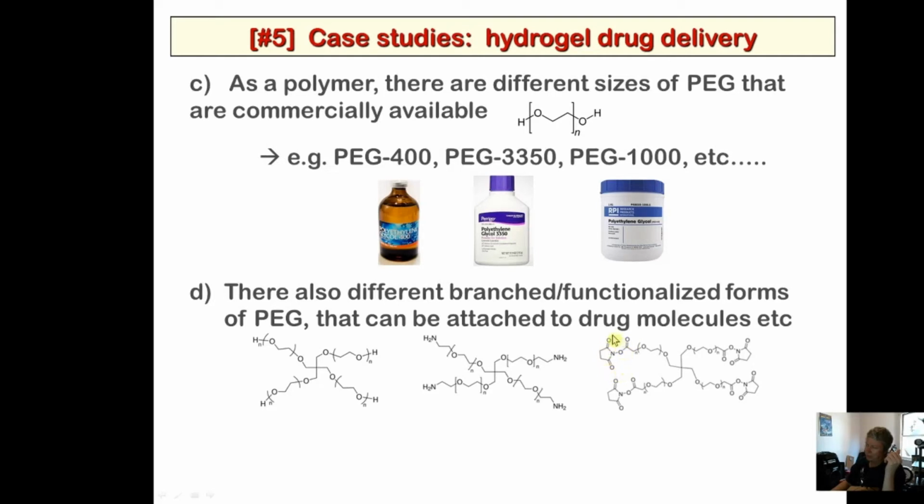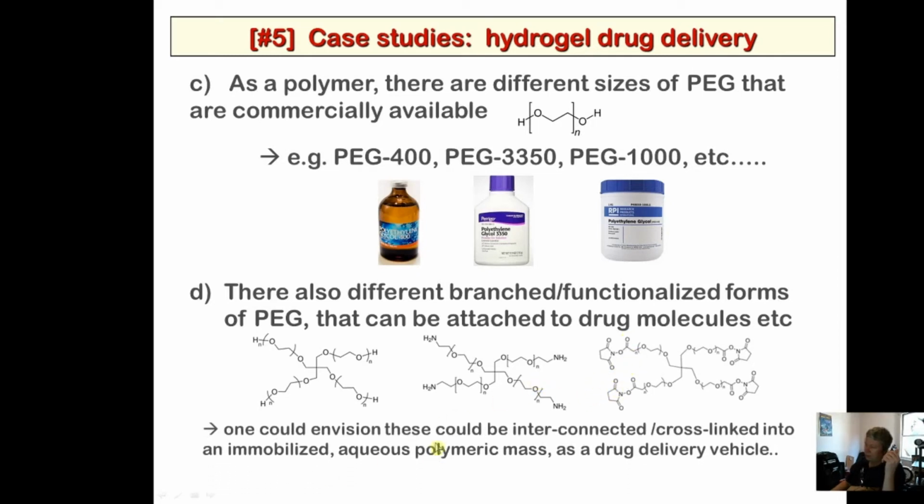It resembles the idea of a chloride. It's called succinimide, and succinimide is a well-behaved leaving group. So nucleophiles can kick it off and attach to it.